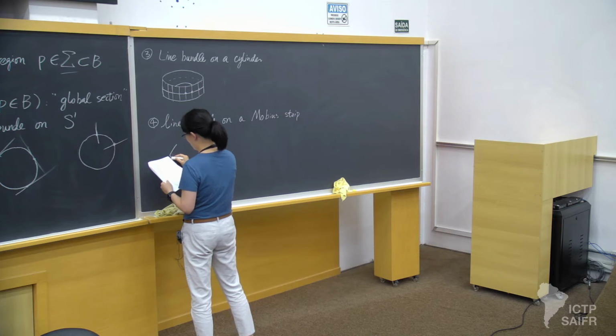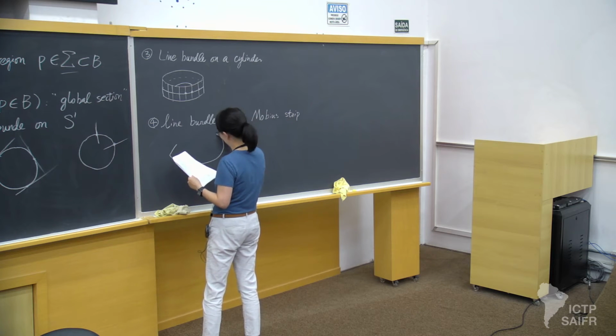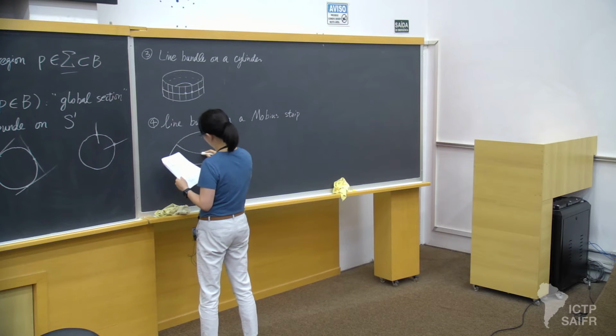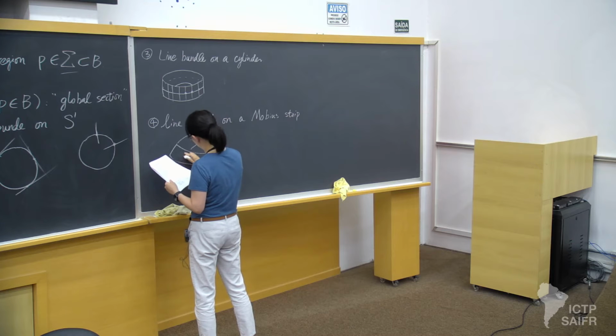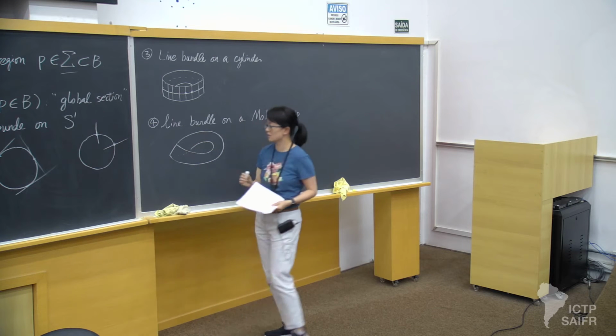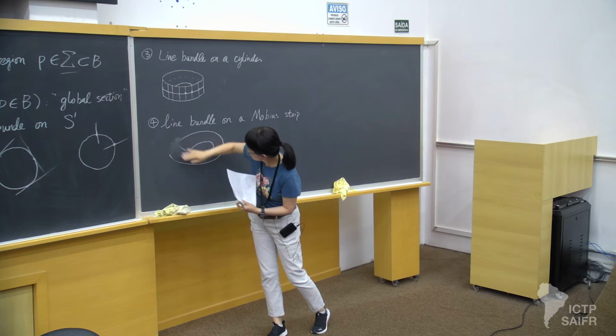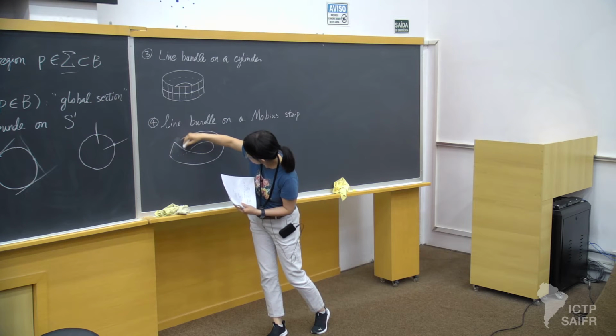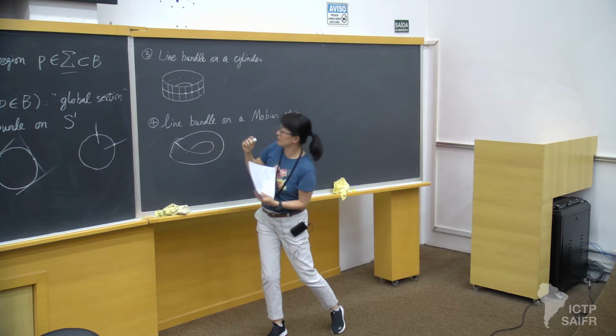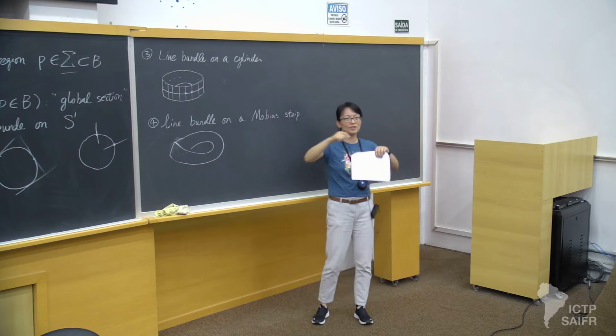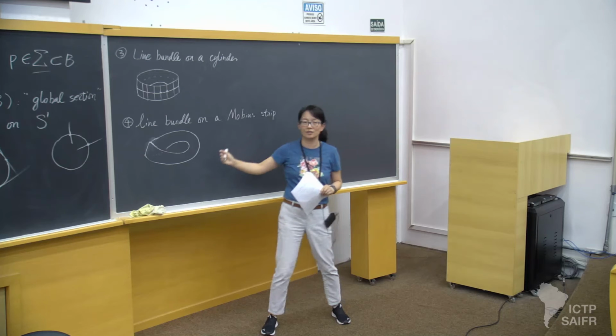So I'll just try my best. It has to be something like this. Maybe I need to make this part a little bit nicer. So you all know what a Mobius strip is, right? You take a strip, twist it and glue it together.